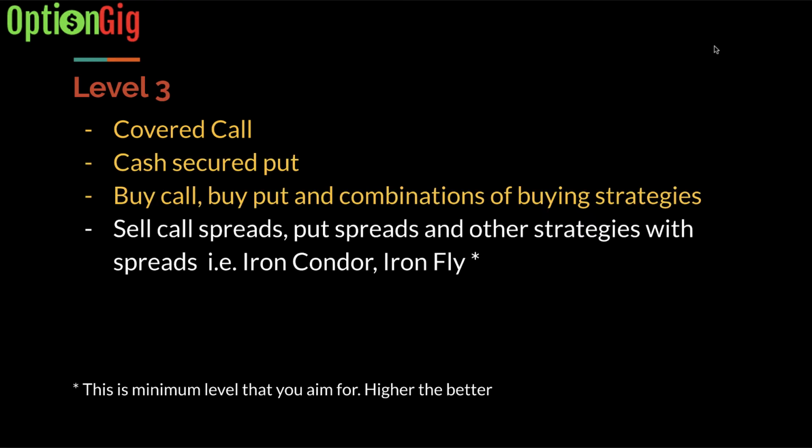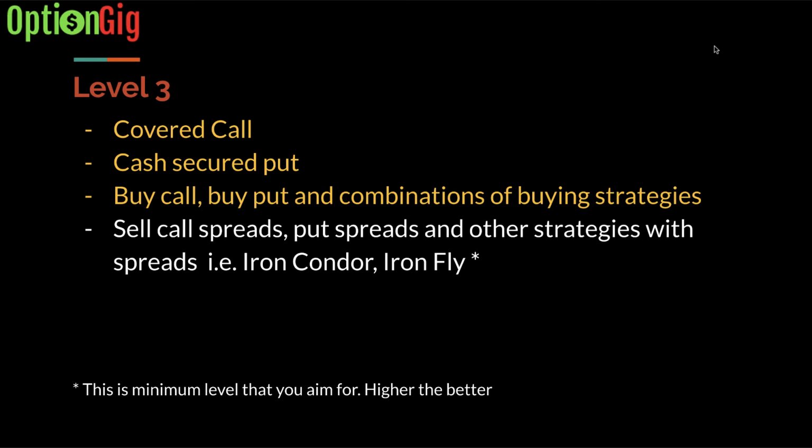Now in level 3, the option trading privileges include everything up to level 2. Additionally, they will allow you to sell call spreads, put spreads, and any other strategies which have spreads involved. Now, when you are doing spreads, you are taking a limited amount of risk. Your risk is limited.